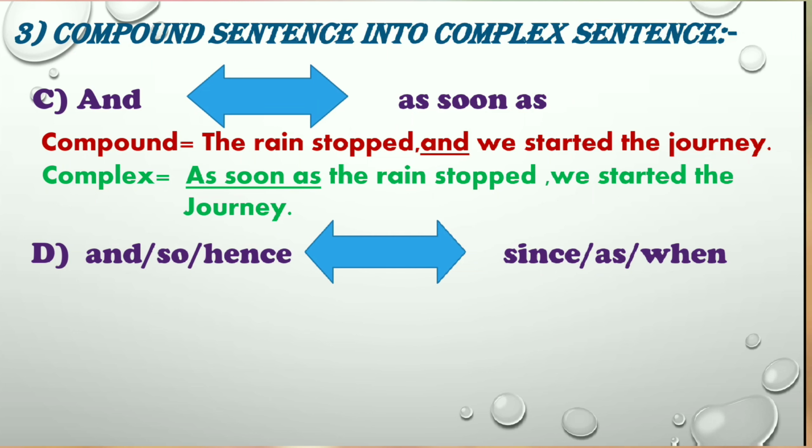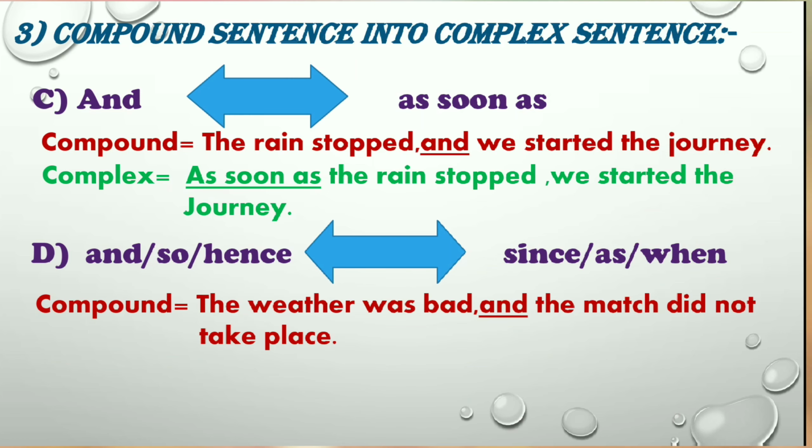Now the next way. And, so or hence: if it is used in a compound sentence, you just remove it and use since, as or when. Let's see the example. The weather was bad and the match did not take place.